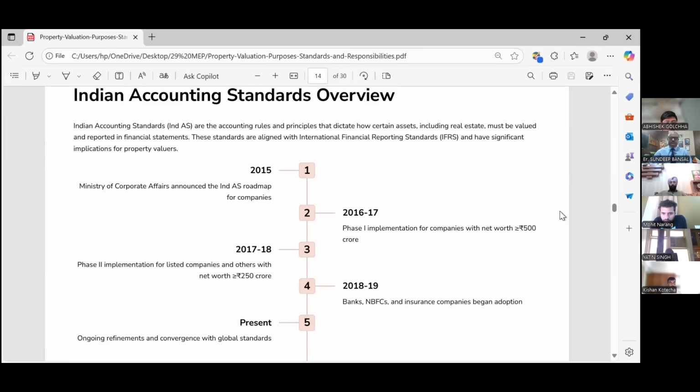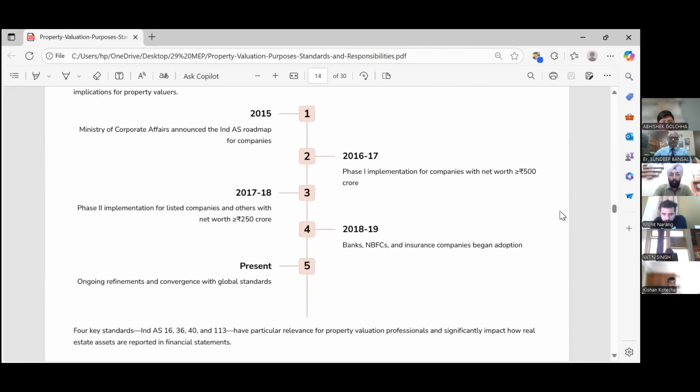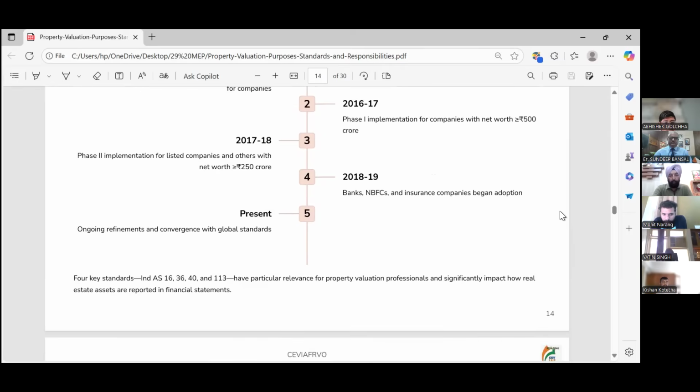In 2018, phase 2 was implemented for listed companies and others with net worth more than 250 crore. In 2018-19, banks, non-banking financial corporations and insurance companies began adoption. And at present, ongoing refinement and convergence with the global standards is continuing till today.